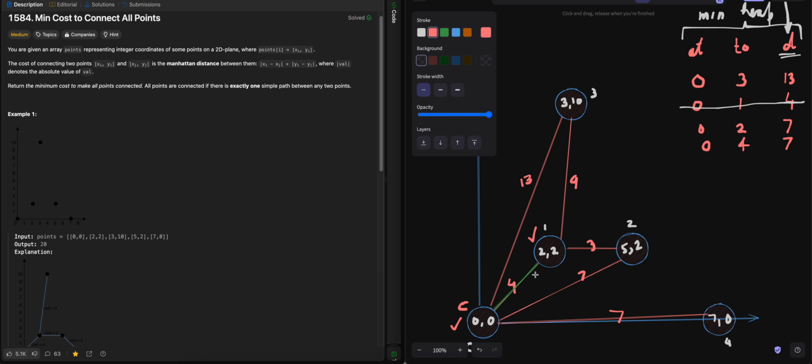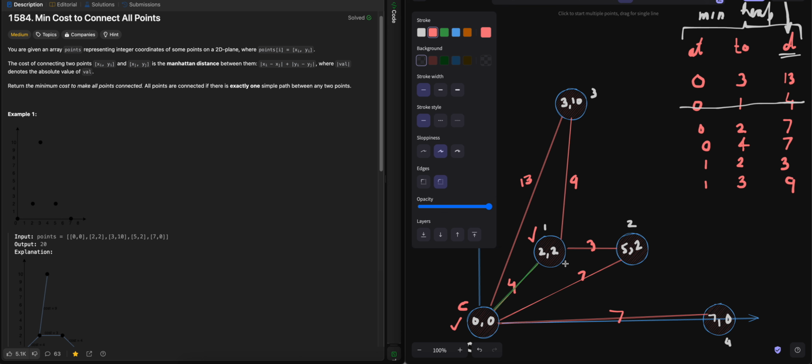Side by side we also put the distances. From 1 to 2 the distance was 3, and from 1 to 3 the distance is 9. Now from 1 to 4, the distance is 7 minus 2, which is 5, plus 2, which is 7 again.